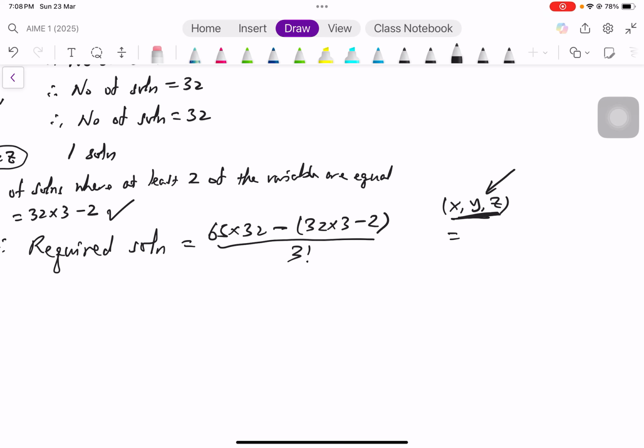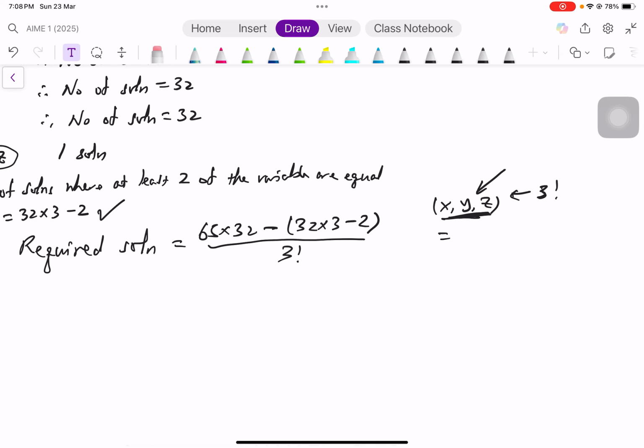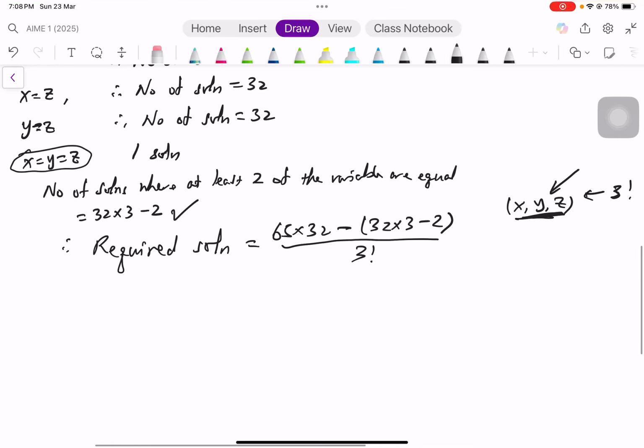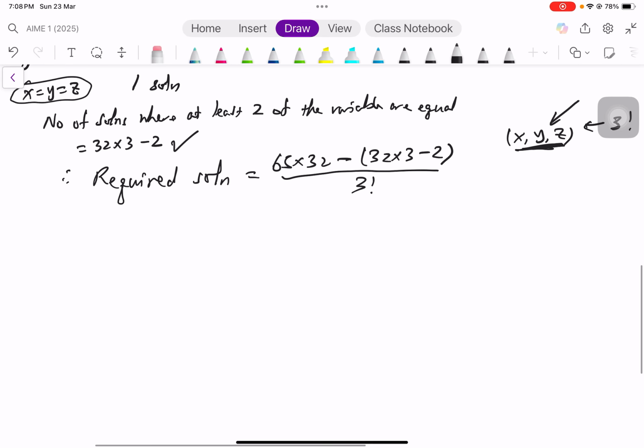The number of permutations of x, y, z is 3 factorial, so you have to take away this permutation among x, y, z. All right, and in this case, what you get is 32 times 65, and then minus 32 times 3, and then plus 2.